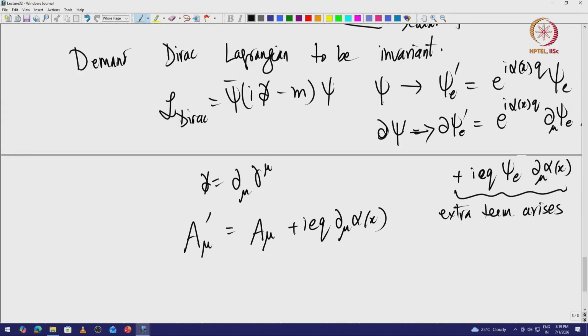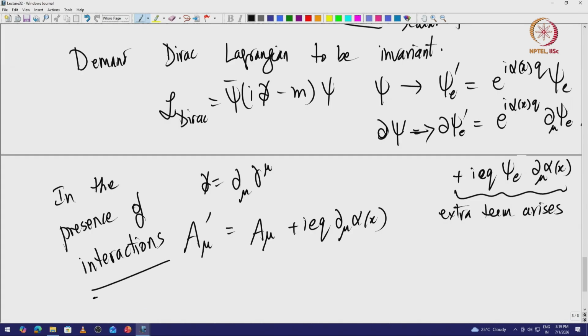If this also transforms in this particular fashion, then together you can make the entire thing gauge invariant essentially, or this transformation is also called a gauge transformation. Together this entire thing will become invariant, but this requires the presence of interactions. This only happens in the presence of interactions.